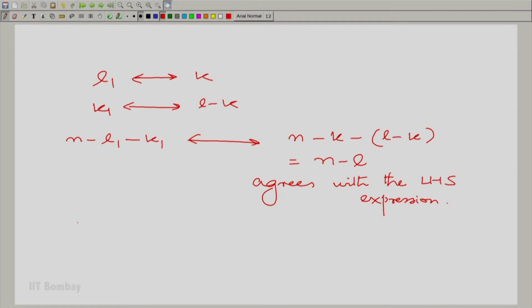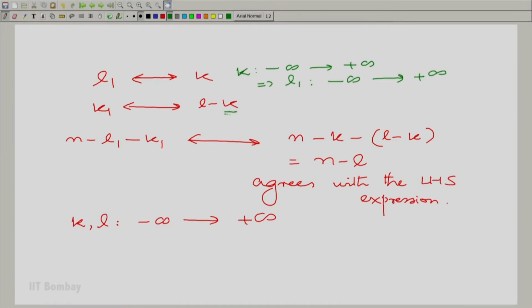Moreover, k and L both independently go from minus to plus infinity, as you can see here. Take k first. If k goes from minus to plus infinity, then of course L1 goes from minus to plus infinity. And now fix k.